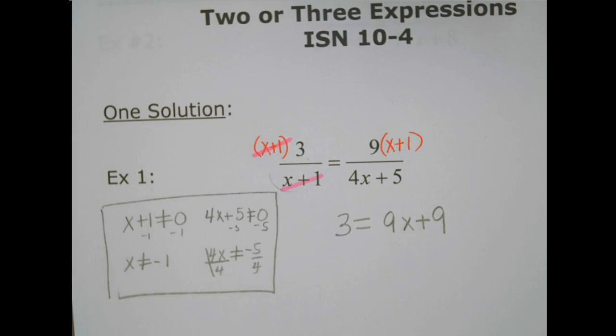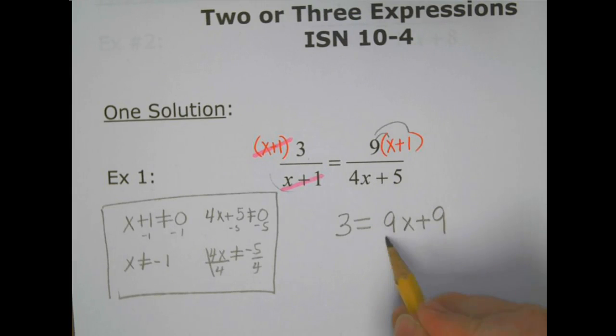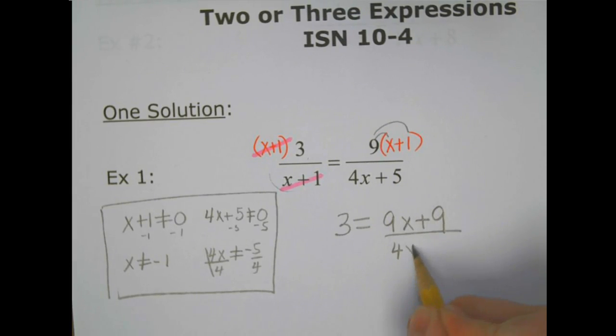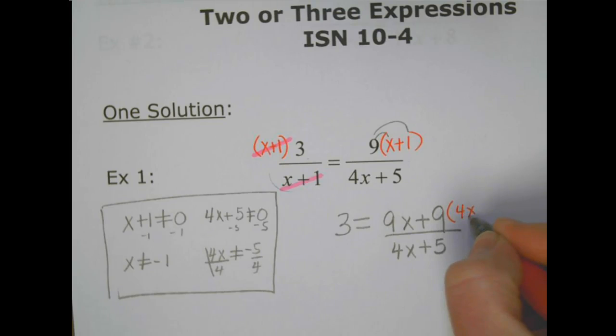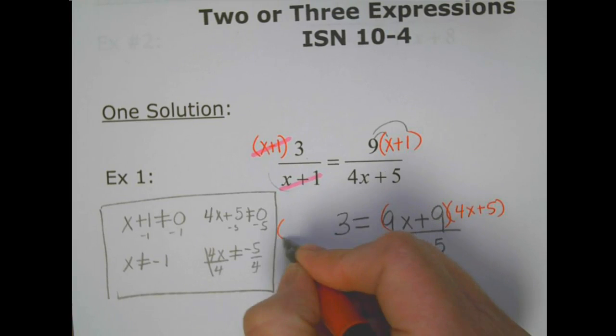Where did I get 9x plus 9? Distribute the 9, and then we have a 4x plus 5. With your red pencil, multiply both sides by 4x plus 5.